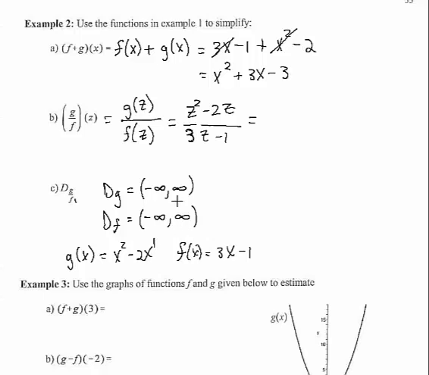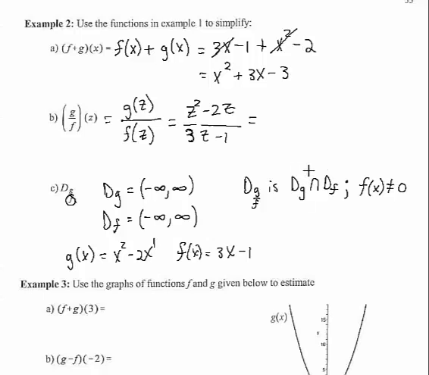And so we were told back on the previous page that the domain of g divided by f is the intersection of the two domains, with the condition that whatever function we have on the bottom, which in this case is f of x, cannot equal 0.